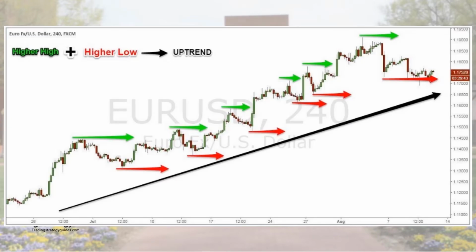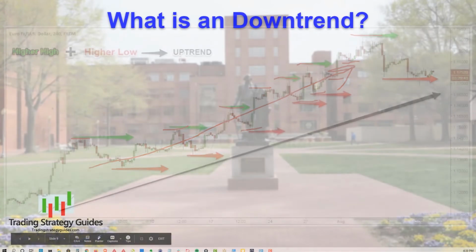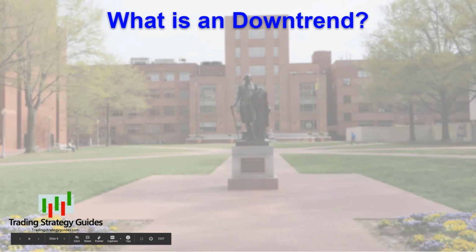So you're looking for a series of higher highs, and higher lows. This defines an uptrend.